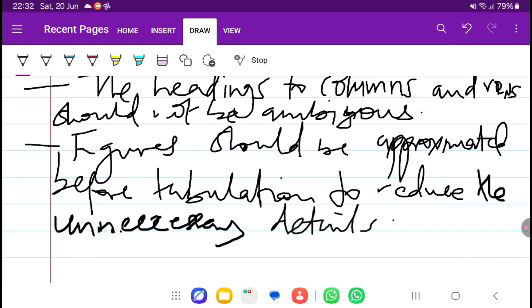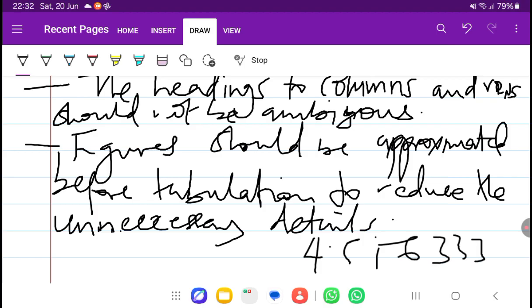If you have computed figures and they are maybe 4.57633, you can round these figures off. You can either take 5 or you can take 4.6, so that you don't have unnecessary details that are not adding value. Because the moment you provide too much information in the table, you make the viewers not understand the information.